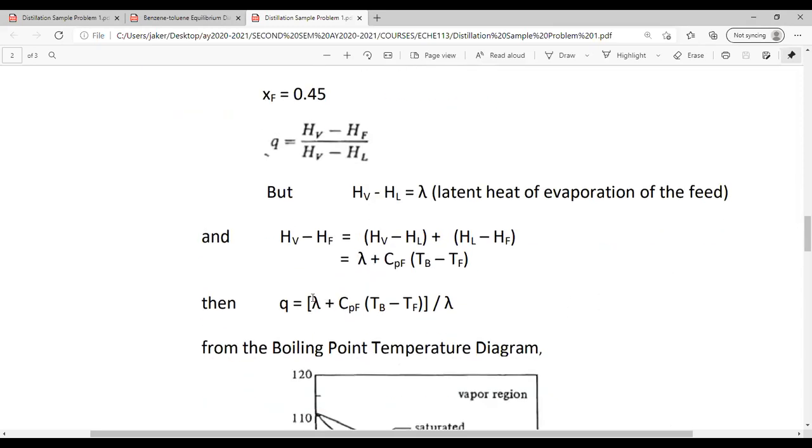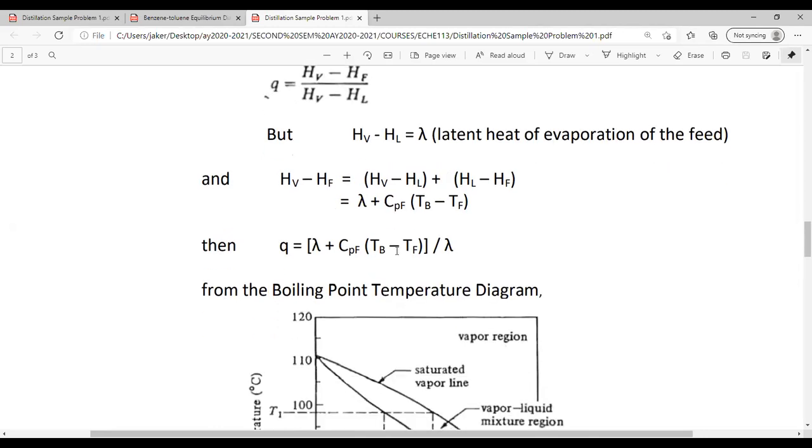Now your Q, the one that we have here, is lambda plus Cp of the feed times TB minus TF, over lambda. So this one, lambda and lambda. Now everything here, the lambda, the Cp, and the T sub F are all given except the boiling point temperature of the feed.